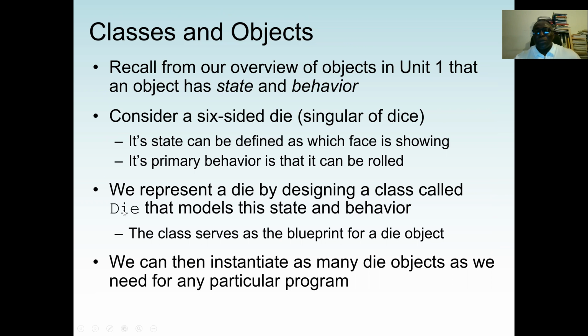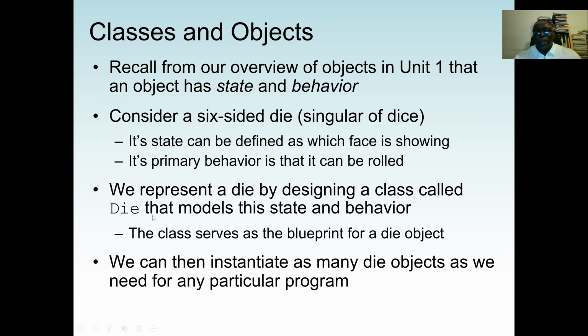So we may have two types of constructor. Let's say a default constructor, saying that by default, when we create a die, we want face 1 to show or face 2 to show. Or we may have a constructor with a parameter. It doesn't matter which face to show. We have to set the face when we create the object.